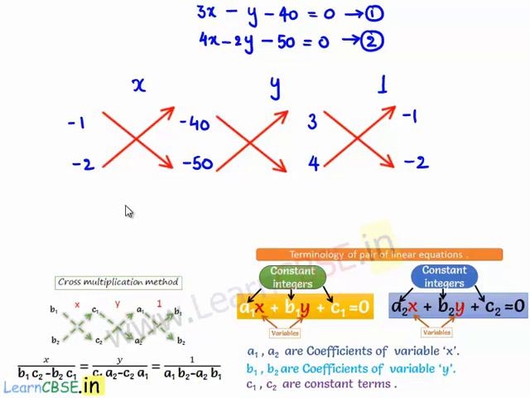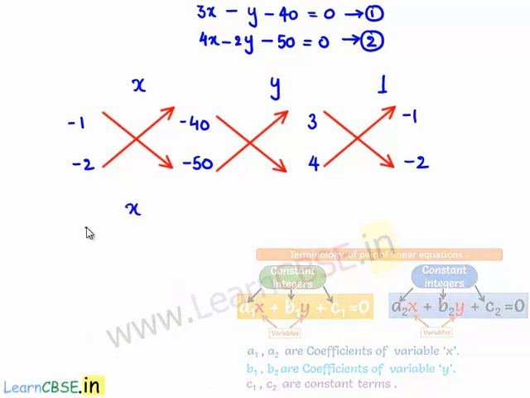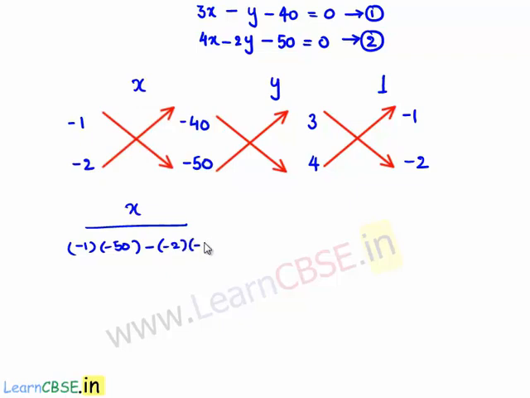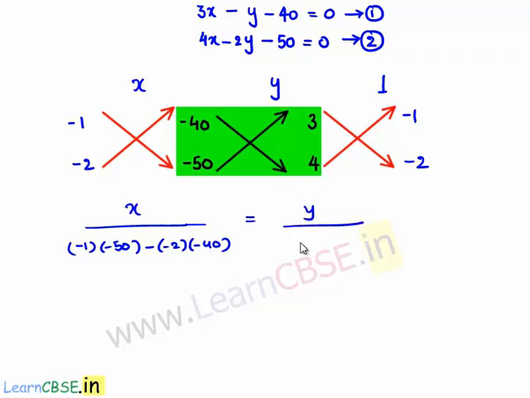Now we will be getting x divided by, on cross multiplication, minus 1 times minus 50 minus 2 times minus 40. This is equal to y divided by minus 40 times 4 minus 50 times 3.